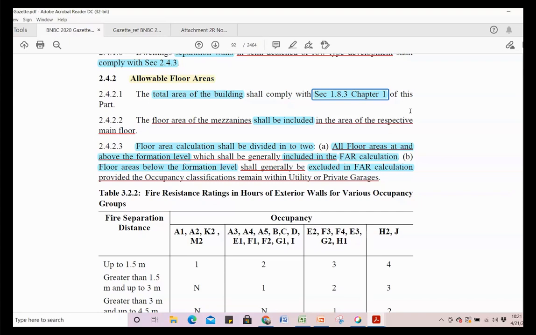We can go there and find out what the information is. It also covers many other things which may not be related to this particular section, or section 1.8.3 may refer us to some other sections or subsections as well.